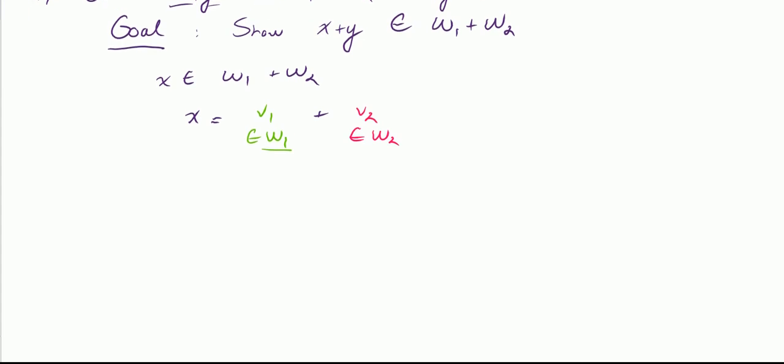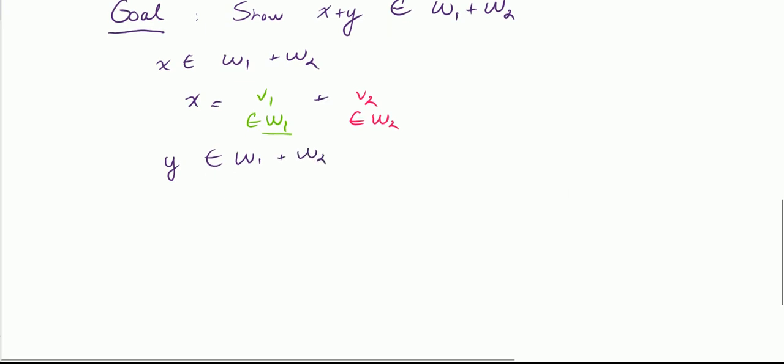Similarly, if y belongs to W1 plus W2, then y can be written as U1 belongs to W1 plus U2 belongs to W2. So I'm just writing the y element like I did for the x element.